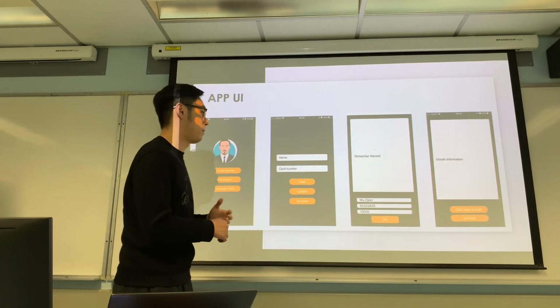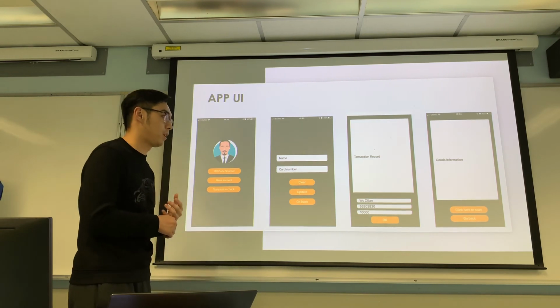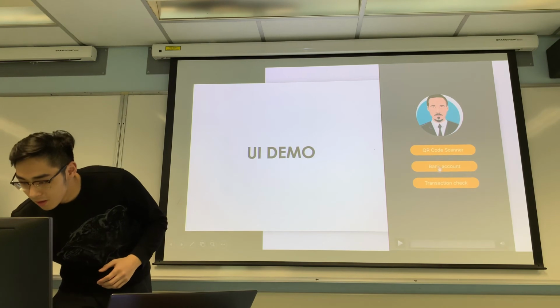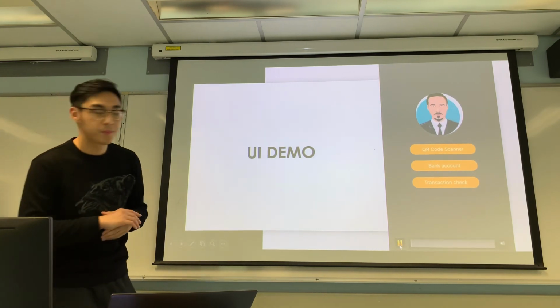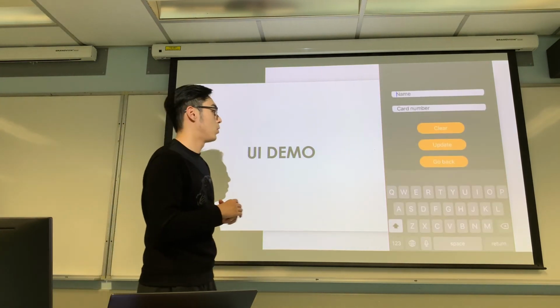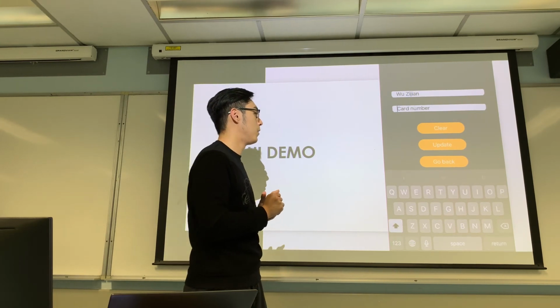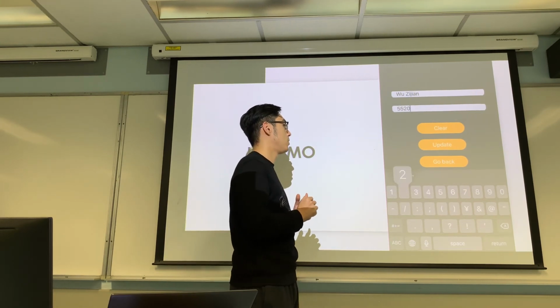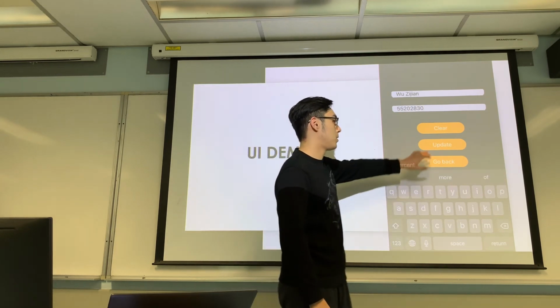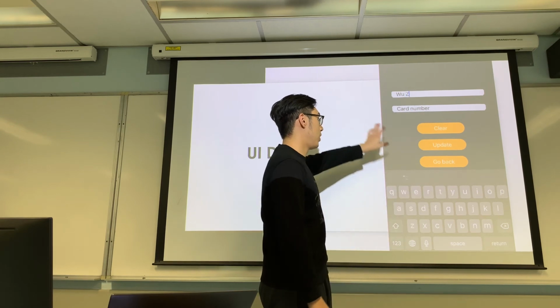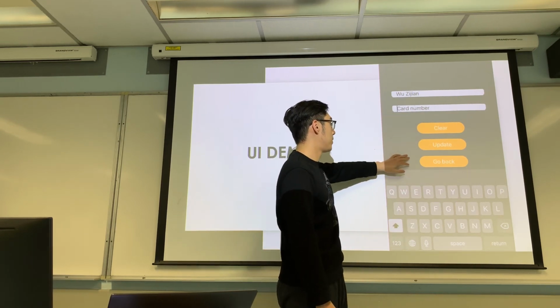To make the manipulation more intuitive and clear, you can see the next video. You type your information. It might need a few tries. You can select this button event, clear, to clear the text input.